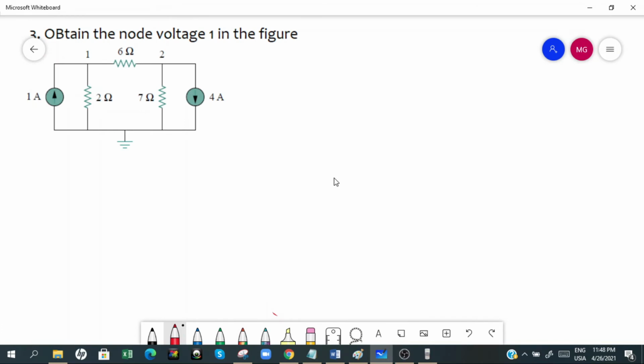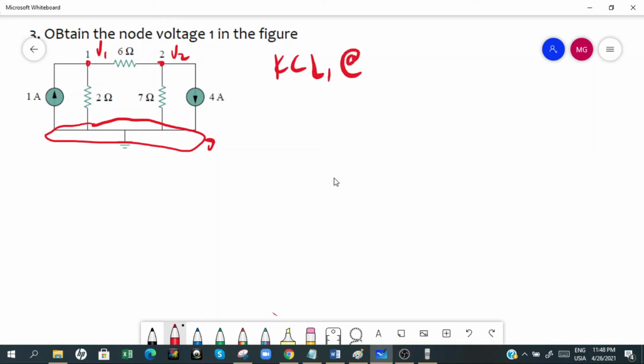So let's solve the next problem, which is to obtain the voltage at node 1. So this point I call V1, I call this V2, and this is now our reference point where the voltage is 0. Now if we have a KCL at node 1, let's assume the current I1 is going there.